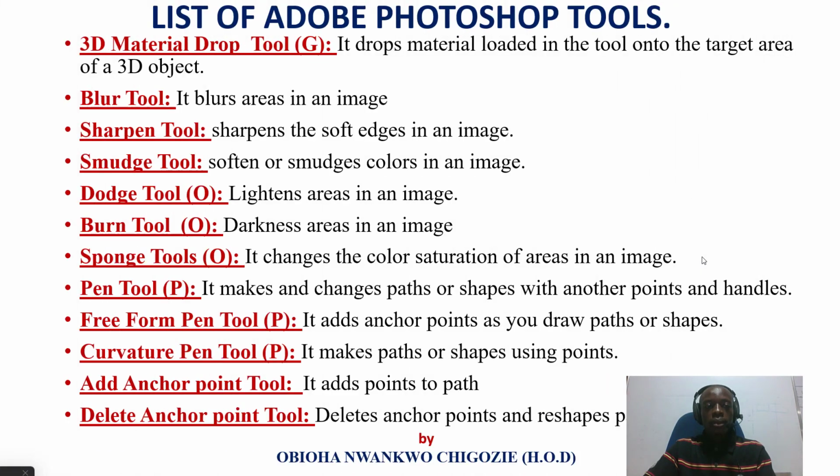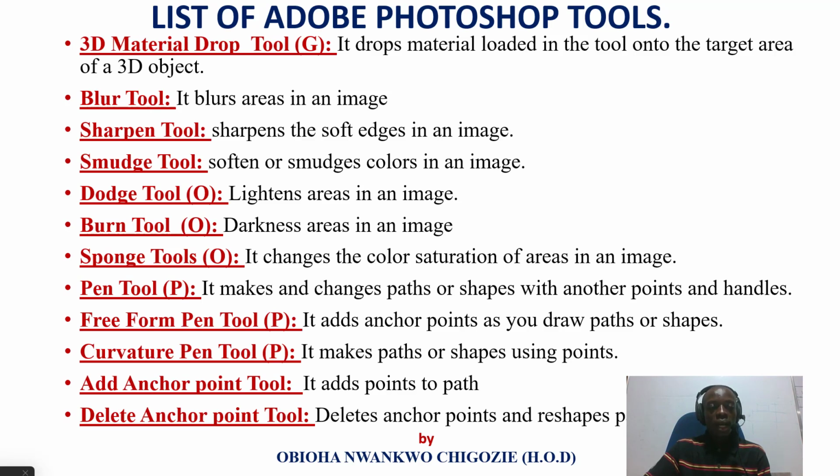Now, the 3D material drop tool drops material loaded in the tool upon the target area of a 3D object. The blur tool blurs areas in an image. You have the sharpen tool, which sharpens soft edges in an image.